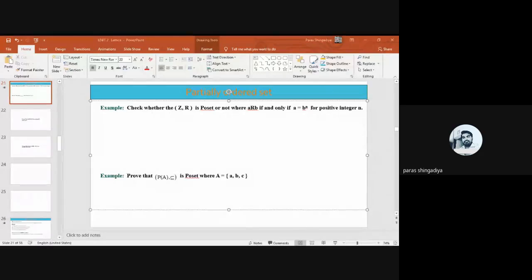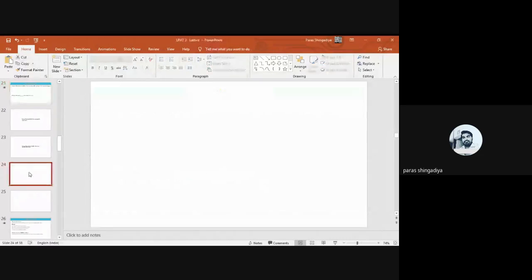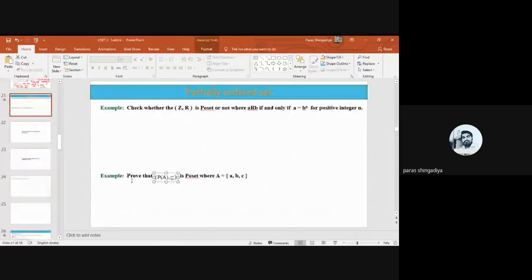First example is there. (Z, R) is the poset where the condition of R is given that for a, b belonging to Z, aRb is denoted if and only if a is equal to b raised to n for a positive integer n.